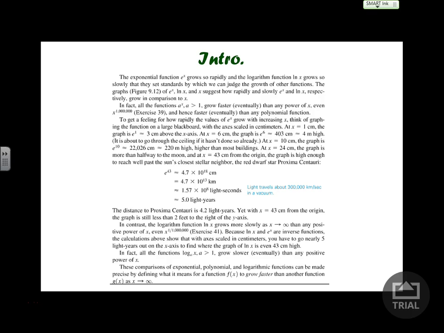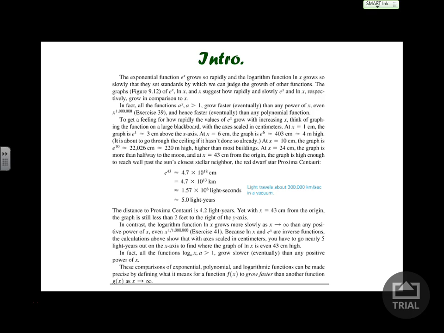Did you guys figure out exactly how fast e to the x grows? Faster than x to the 1. Do you see that? On a Cartesian axis with x being 1 centimeter, which is less than the tip of your index finger, when x equals 6, e to the x is ready to go through the ceiling if it hasn't already. When x is 10, it's higher than most buildings. It goes really fast.